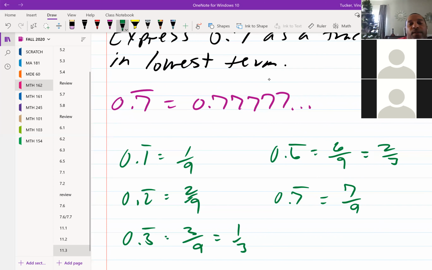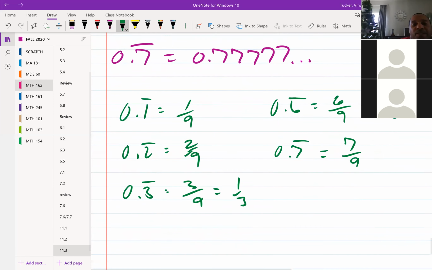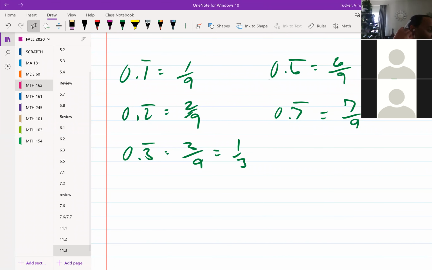For 1 through 8, whenever you have that single digit repeated, it's just that number over 9. So if you were to get that, you would just write 7 over 9. But the work behind it, how does that apply here? We have 0.7 repeated.